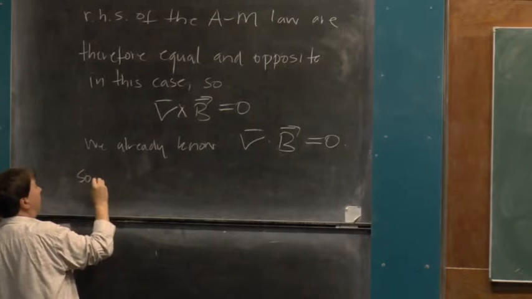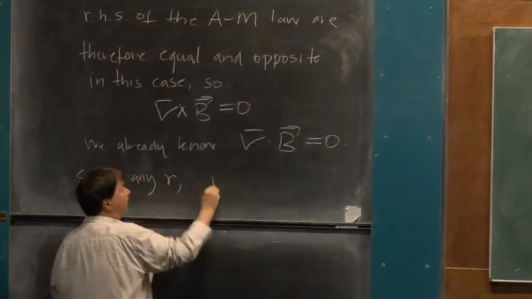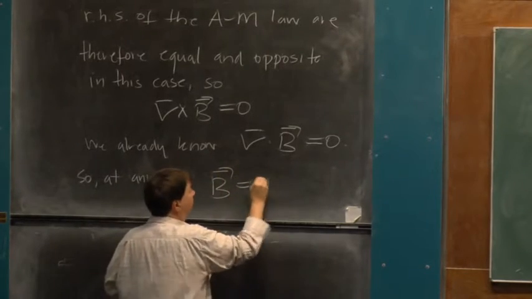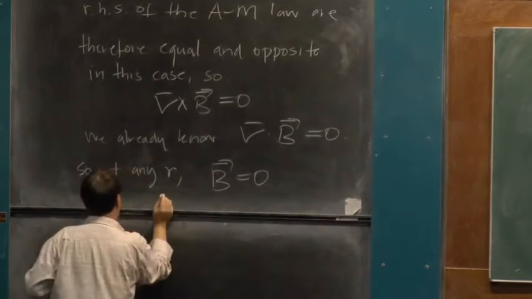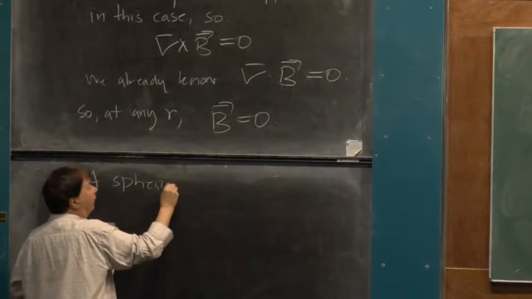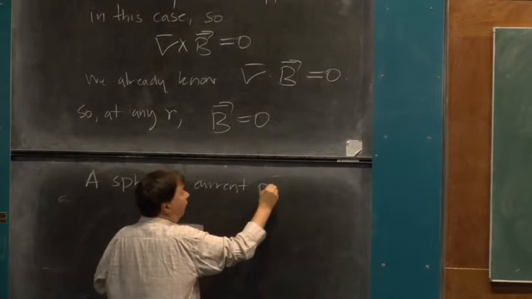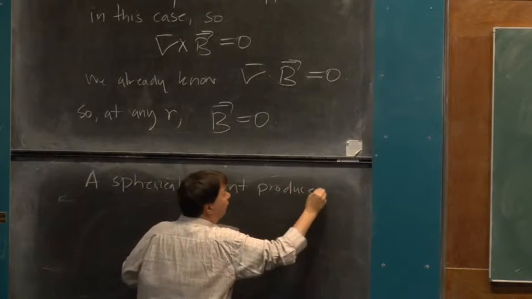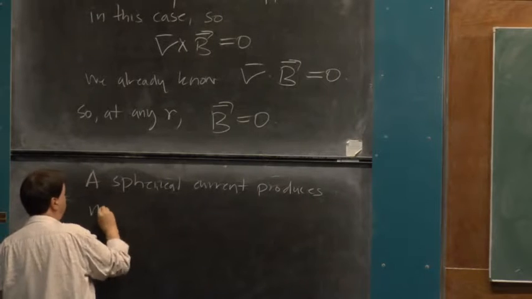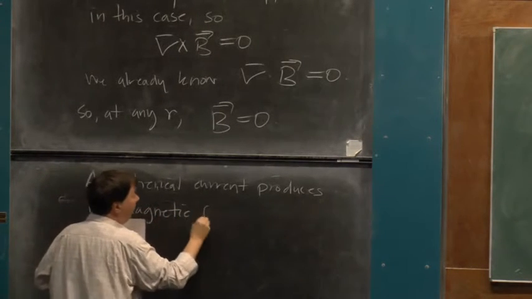So at any r, B is zero. A spherical current produces no magnetic field. And this is experimentally true as well.